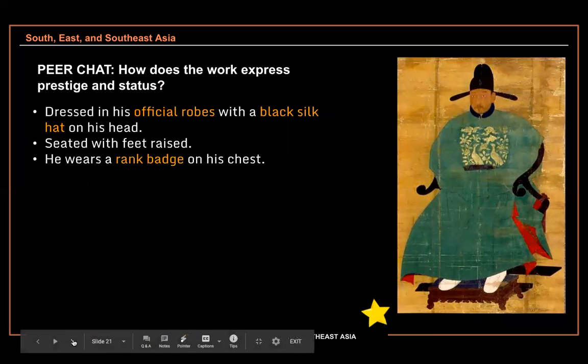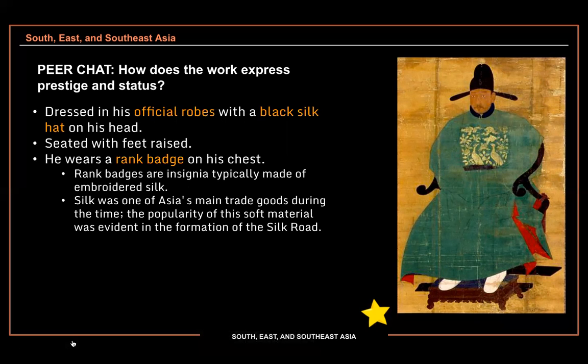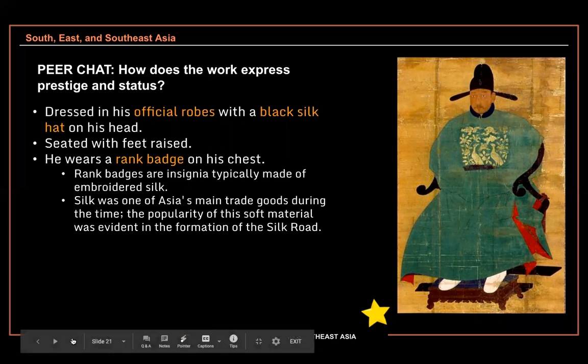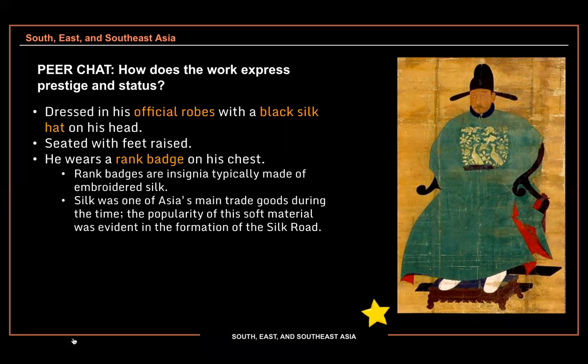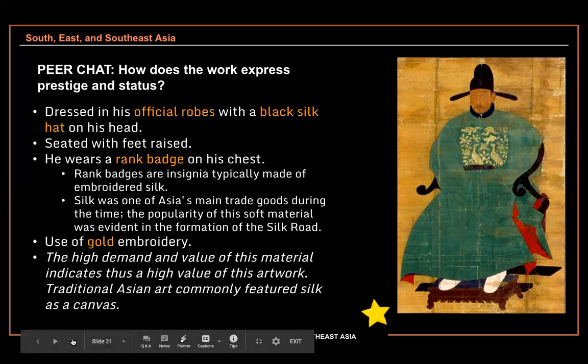He wears a rank badge of gold on his chest that has the insignia that would have been embroidered in silk on his actual robe. And that silk was expensive. It came along the Silk Road, and the fact that it was painted on silk also shows that this was a highly prized object. It has gold embroidery.